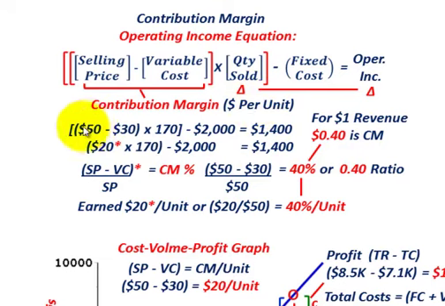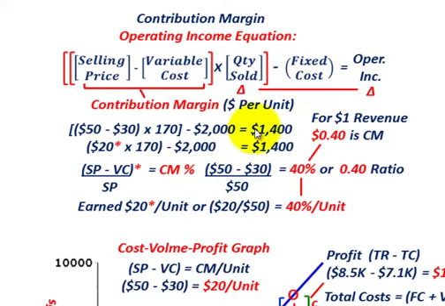So for our example here, just using our operating equation here, we're going to be determining our operating income here. And remember, on our graph, we looked at our operating income here of $1,400. So I'm just going to go through equations here to determine how you use that contribution margin to determine your different quantities, your units sold and so forth, and operating income.